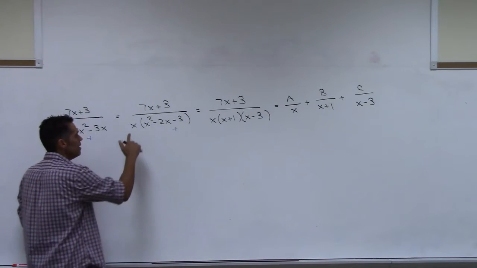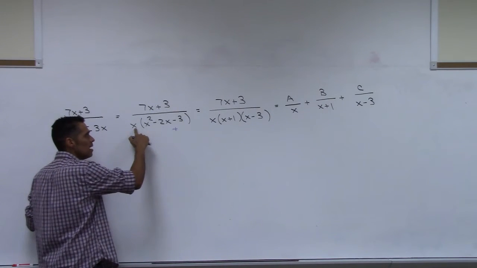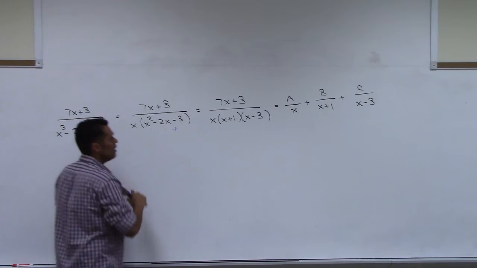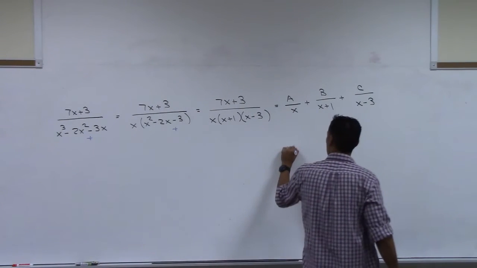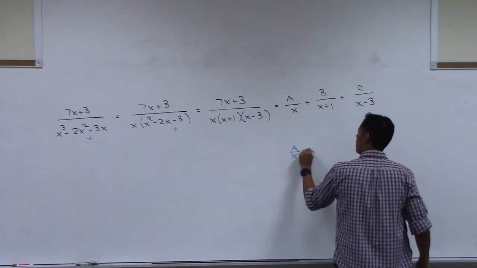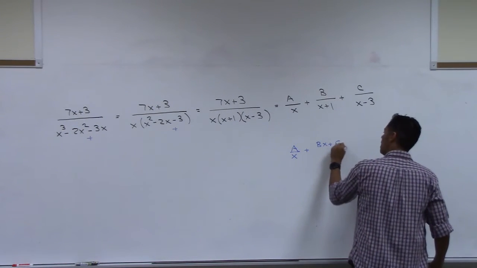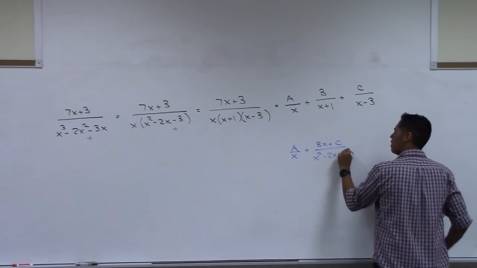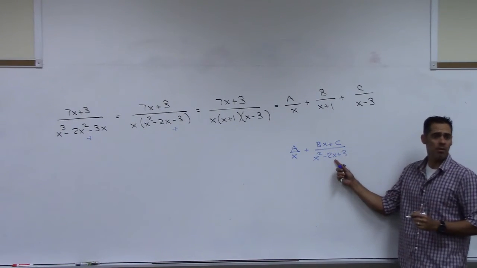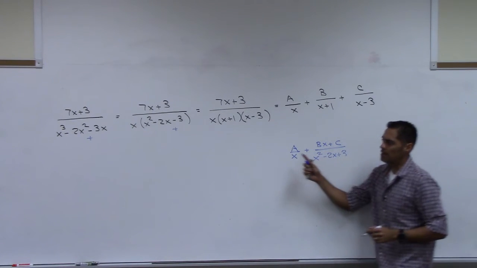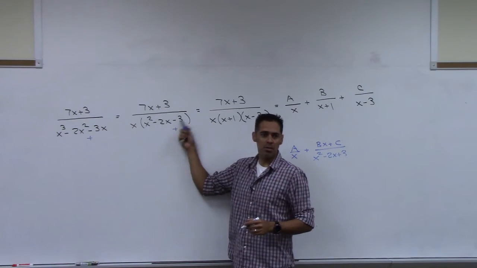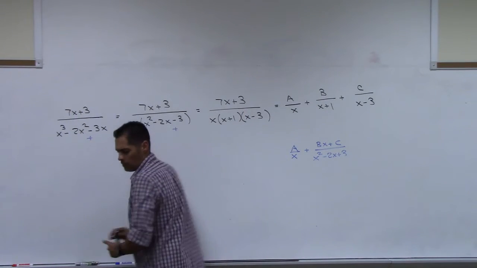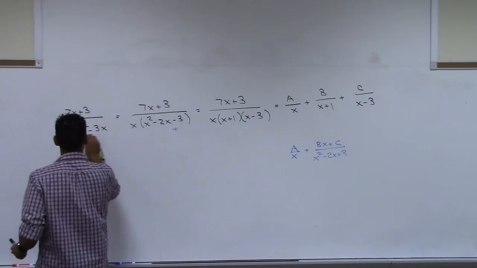Then what you would have is a linear factor and an irreducible quadratic, and your breakdown would have looked like this: A over x plus Bx plus C over that irreducible quadratic. That's what it would have looked like had this been a plus, and you couldn't factor. Understand? All right. But that's not what happened.